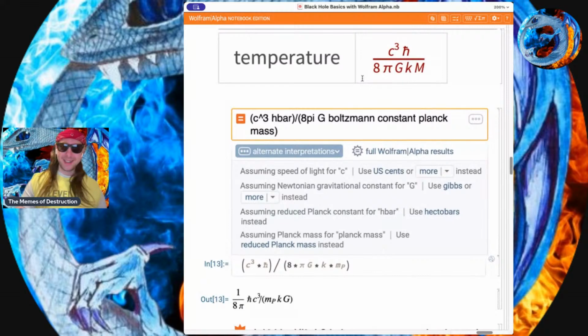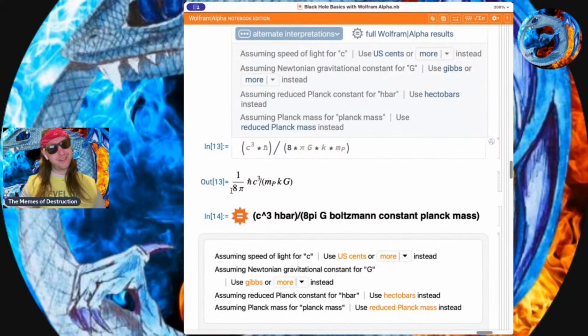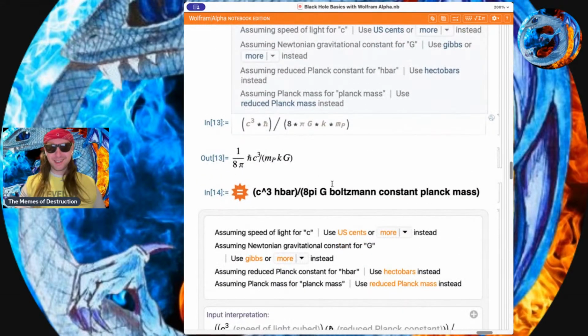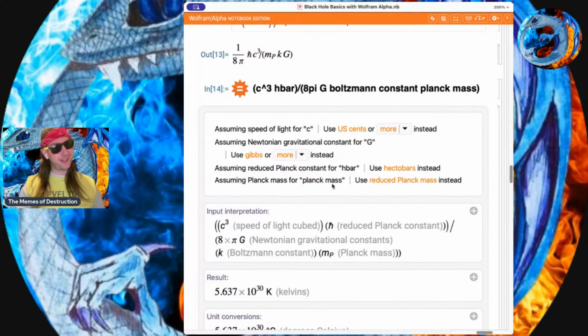Seems to be big in Einstein's equations. Cool. Times the gravitational constant times, in that case, the Boltzmann constant. And we toss in our mass, which we'll type in as the Planck mass right there. We got all the stuff and things, line it up. All right. Oh, look, 1/8 pi. That's a really pretty thing.